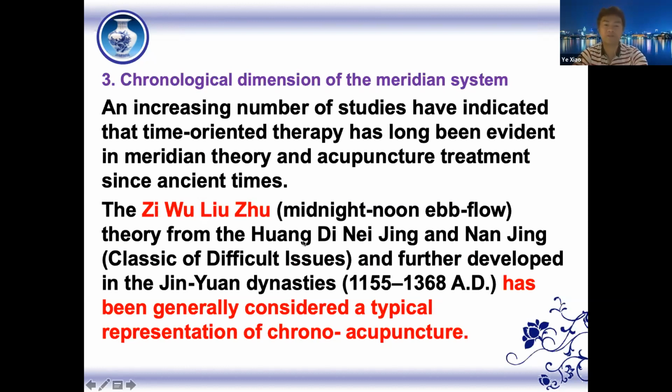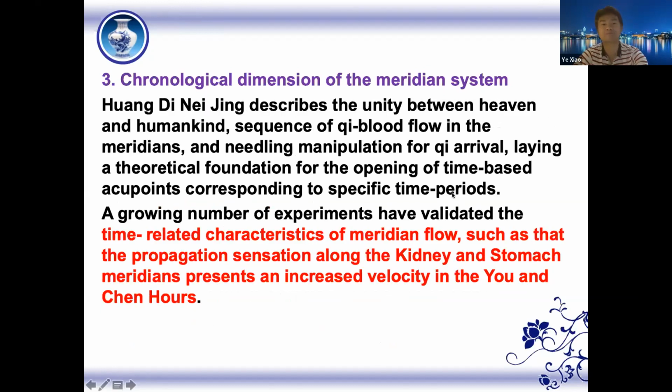This theory is from 黄帝内经, the Yellow Emperor's Inner Classic, and also the Nanjing, Classic of Difficult Issues, and was further developed in the Jin and the Yuan dynasties. It has been generally considered as a typical representation of chronoacupuncture.